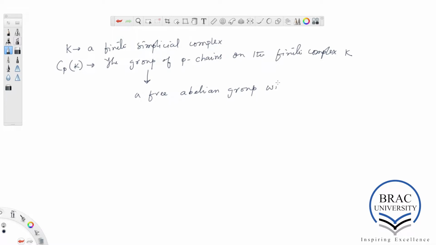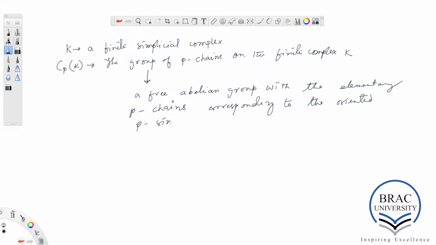It's a free abelian group with the elementary p-chains corresponding to the oriented p-simplices of K as its basis.